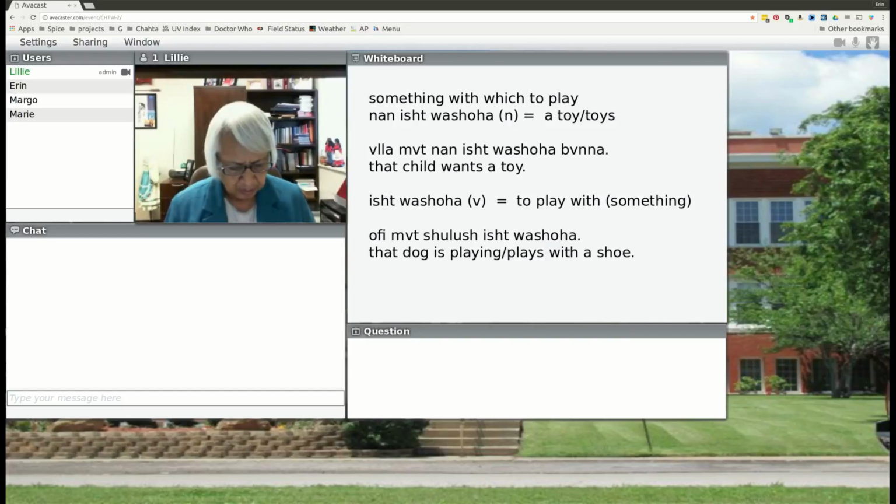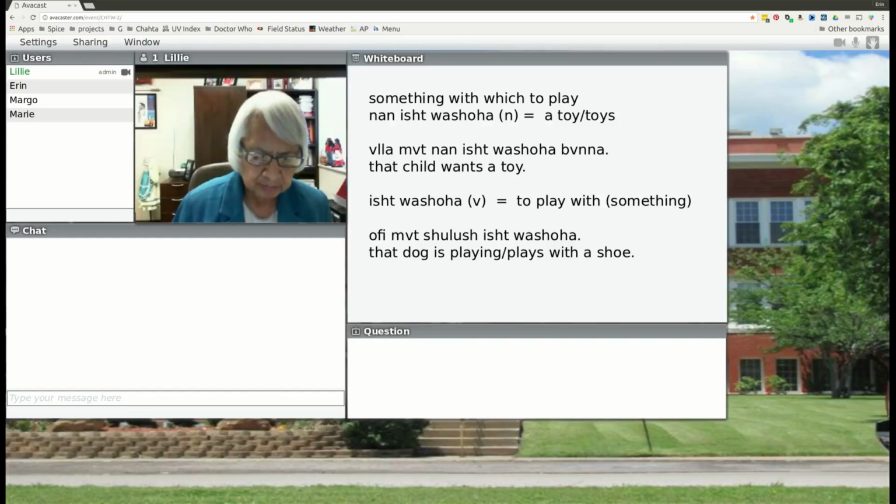Okay, looking at the examples, the first word is nanish chilili. Nanish chilili. And the literal translation, that with which one dries, or a towel. That's not a term that is used by the consensus of the speakers.